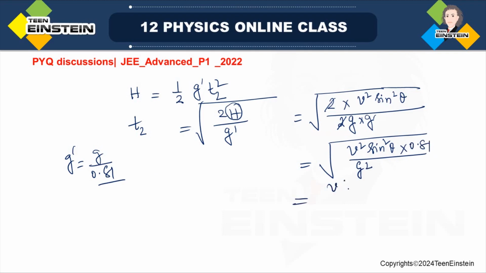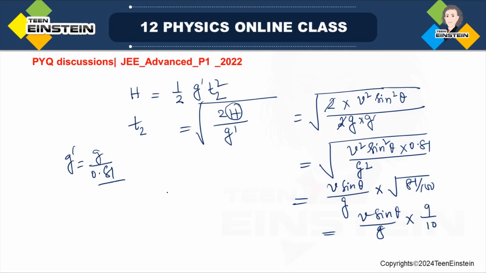So I have got v sine theta by g into square root of 81 by 100. So this will give you v sine theta by g into 9 by 10. Right? So I have got the time now.